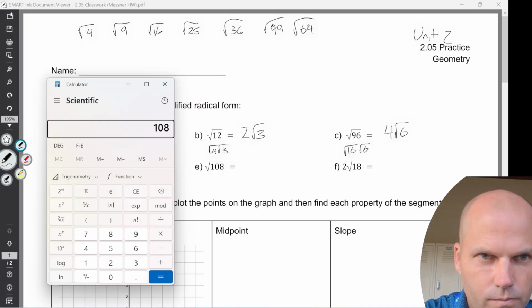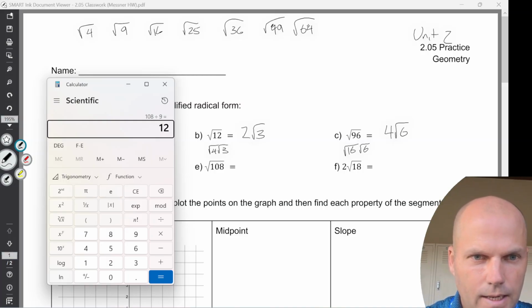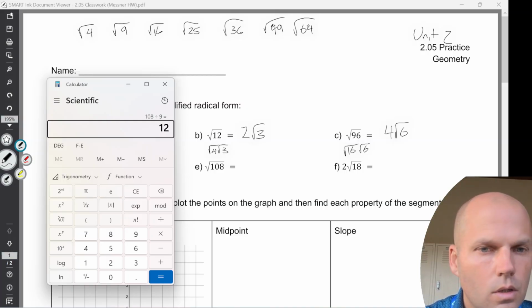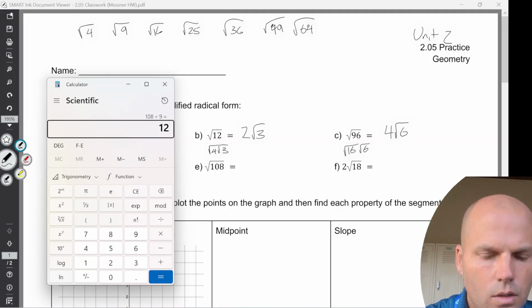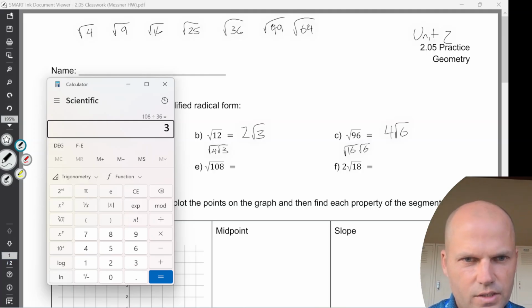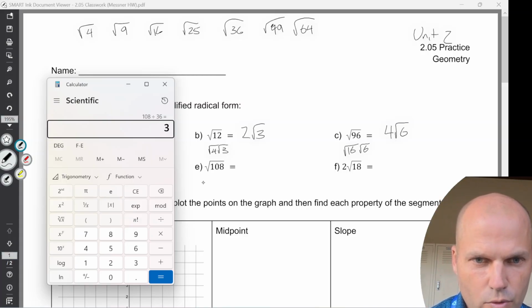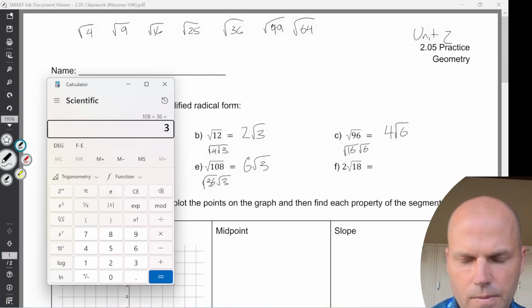Nope. Try 9. Ooh. Did I miss? Oh, 36. Sorry. 108 divided by 36. So root 36, root 3. Root 3 can't be simplified. Root 36 is 6. 6 root 3.